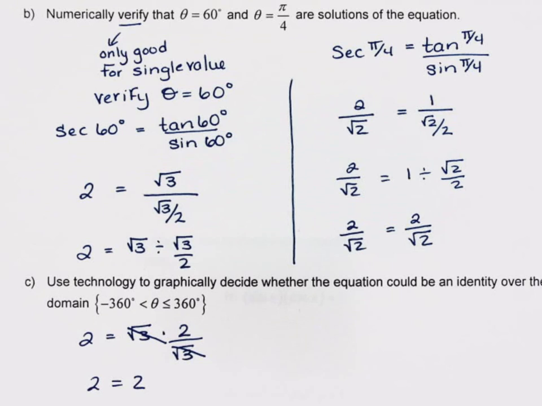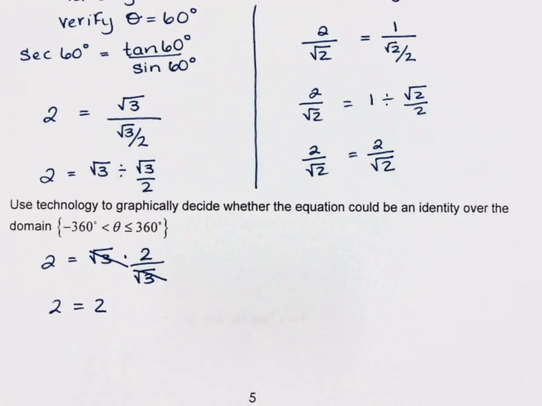Okay, I'm not going to do the C part, but we're just going to talk about it for a second. If I were to use technology to decide whether these equations would be an identity, if they would be a proof over the domain negative 360 to positive 360, how would I do it? I would treat it as the 2 equations.